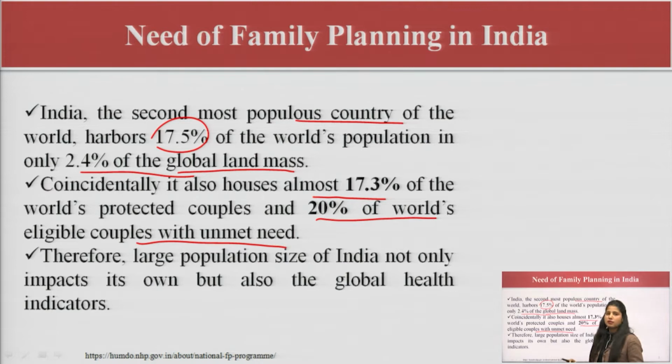Eligible couples with unmet need are those couples who are in the fertile age group but are not using any method of family planning or contraception. We have nearly 20% of such couples. Therefore, the large population size of India not only impacts itself, but also impacts global health indicators.